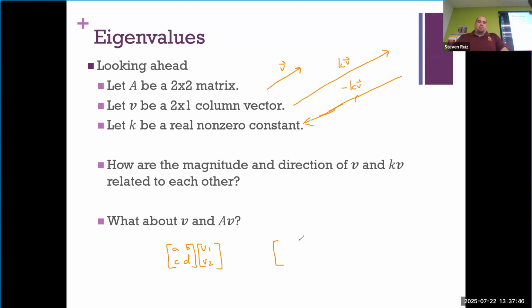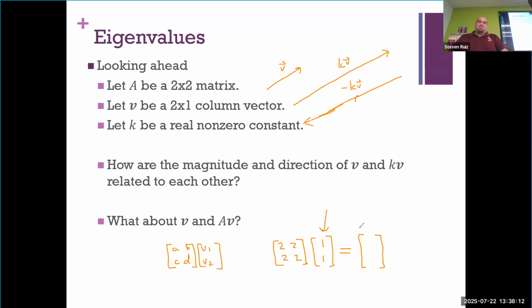Maybe let's get some hard examples here. Someone give me a vector, whatever values you want. 1, 1 sounds good. What if this matrix is like this, 2, 2, 2, 2? Will this vector have the same magnitude? Are you sure? No.